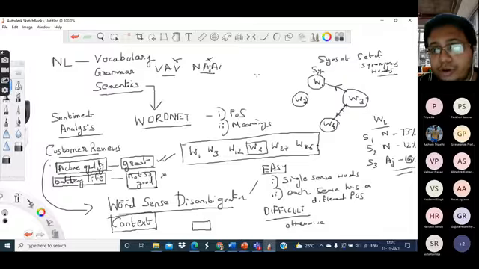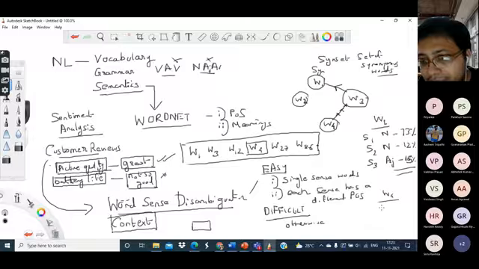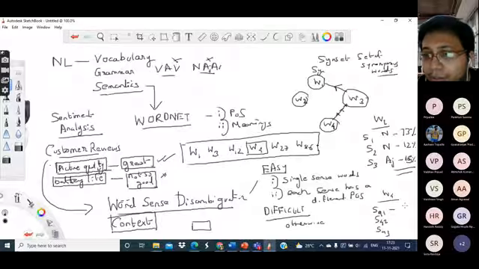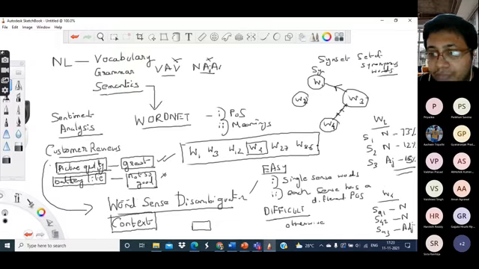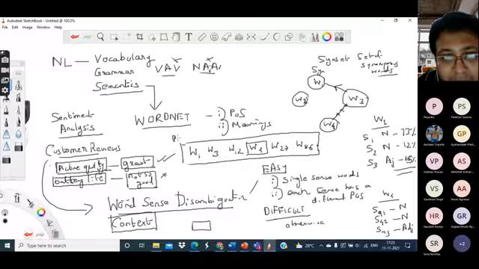So if we go to the WordNet entry of W4, let's say we find that there are three senses. Let me write them as S41, S42, and S43, and I also have their parts of speech. This is a noun, this is also a noun, and this is an adjective. Now what I do is a POS tagging of this sentence.